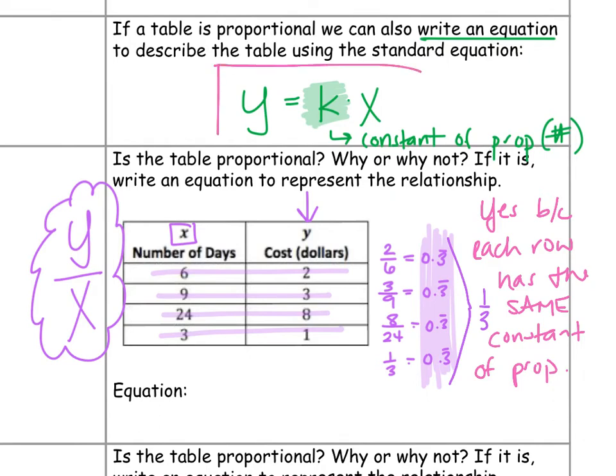So remember up above we have that generic equation form, y equals kx. The only thing that's going to change is the k will become a number. The number is whatever that constant of proportionality is. I figured out it's 1/3. So my equation is y equals 1/3 x. We don't like to use repeating decimals in equations, which is why I chose to use the fraction.